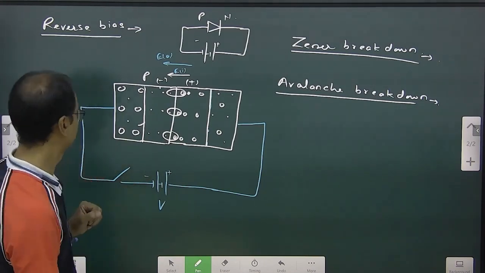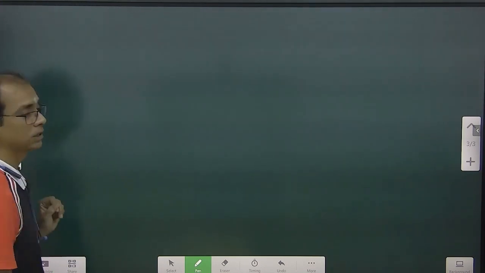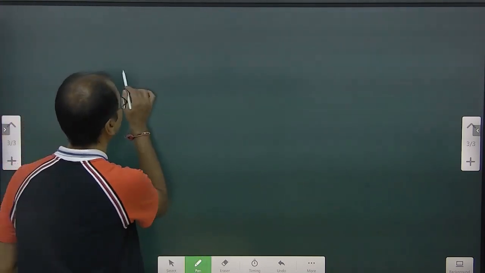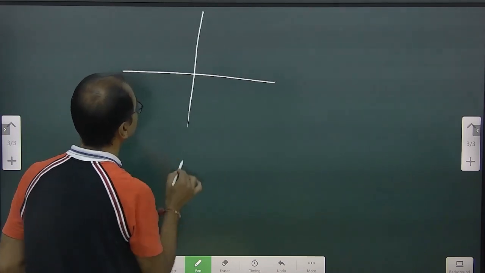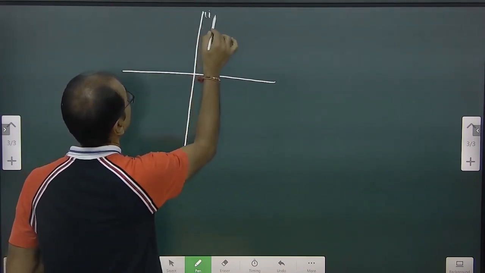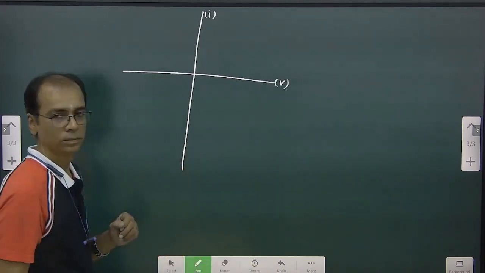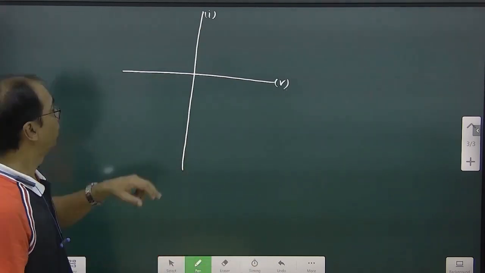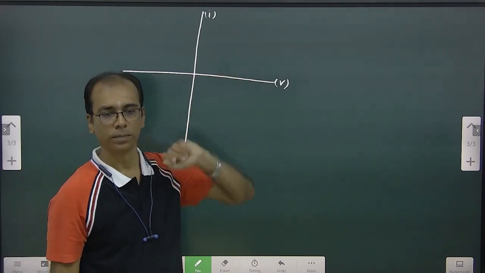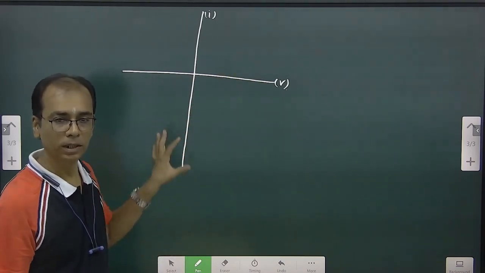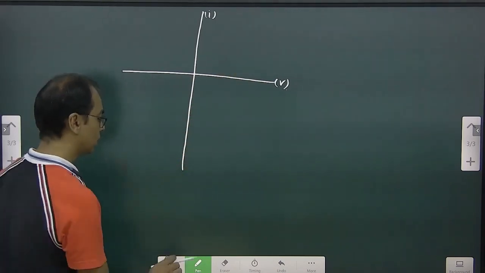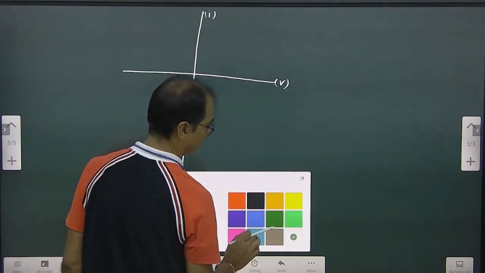So this is reverse bias, correct? Okay, so how is its IV characteristic? The IV characteristic is like this. This is I and this is V. Forward bias current we got in this direction. Reverse bias will be getting the opposite direction because it's in the direction of drift current. So how is it?